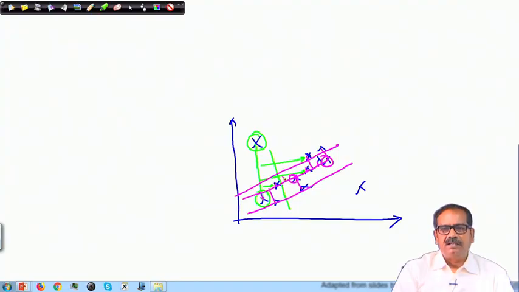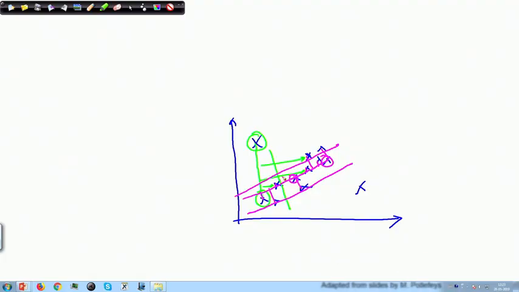Otherwise, if you get a good set of inlier points, then you can simply use them and refine your model. So, we will elaborate this process in the next lecture. For the time being, let us stop here, and thank you for your attention.